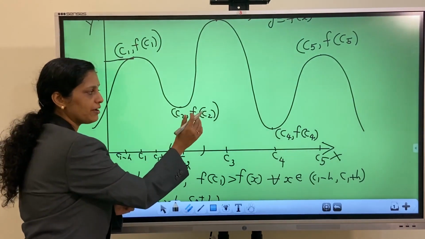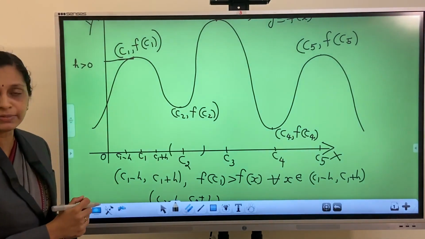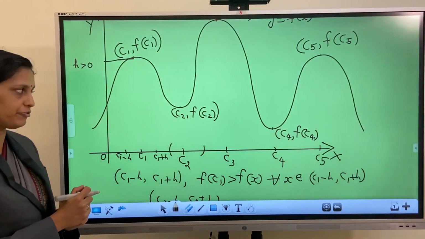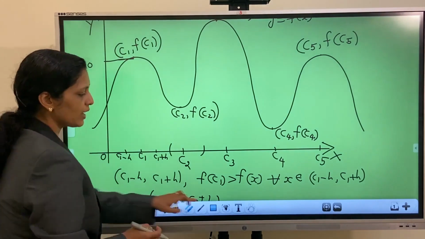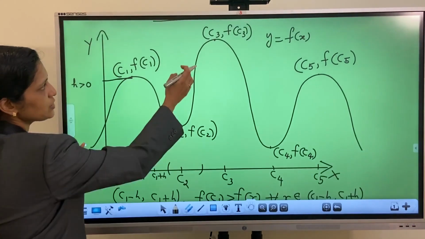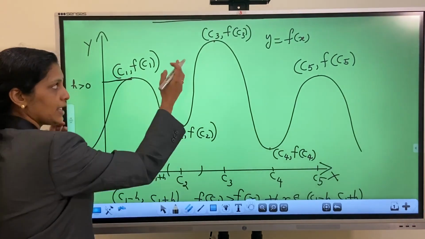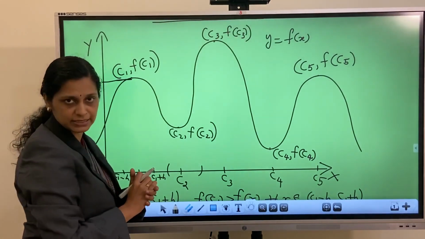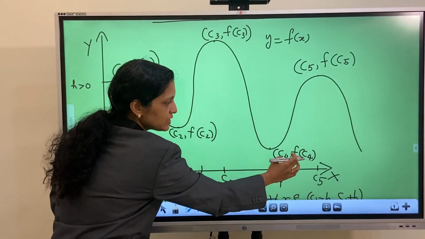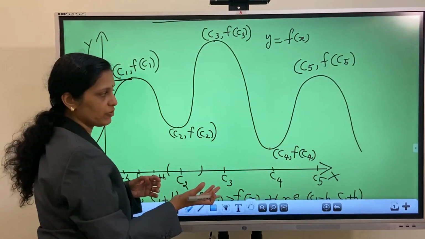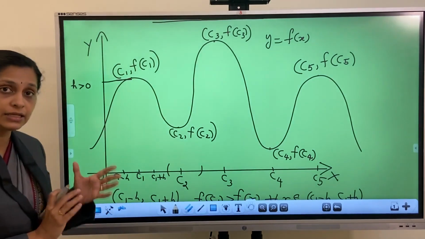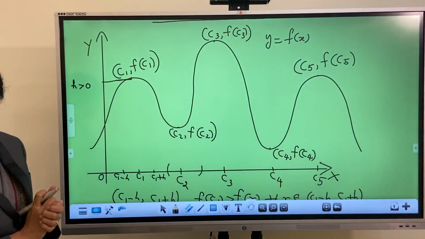Therefore, we can call f of C2 the local minimum value attained by the function y is equal to f of x. Looking at the graph, we can again see that f of C3 is another local maximum value and f of C4 is another local minimum value. Similarly, f of C5 is another local maximum value.